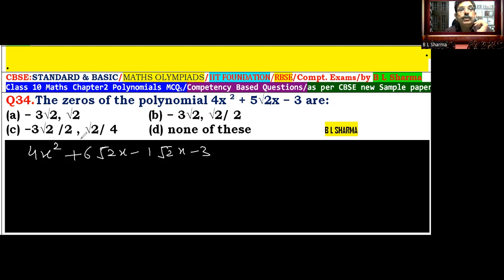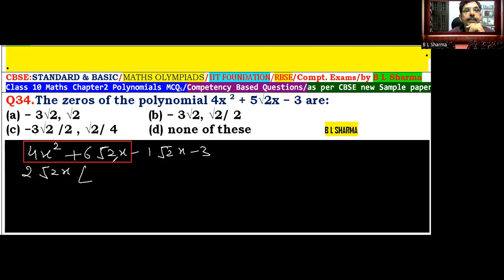So now in the first two terms, we can take 2 root 2x common.